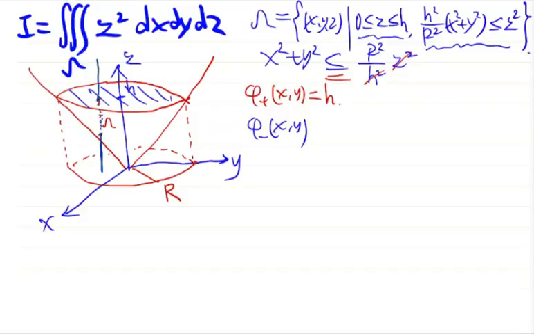So this point is on the surface. So this is h over r times the square root of x squared plus y squared.